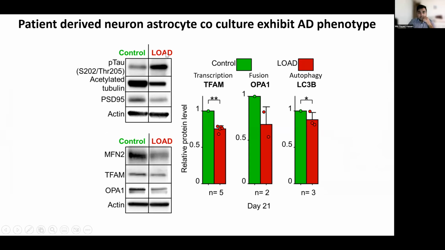So you can see that these patients have more phosphorylated tau and less acetylated tubulin. Tau gets hyperphosphorylated, and because of that, the microtubule breaks. Acetylated tubulin means the stability of the microtubule, so it is decreased. That means the microtubules are now broken, and phosphorylated tau is increased. That means there is a hyperphosphorylated tau.